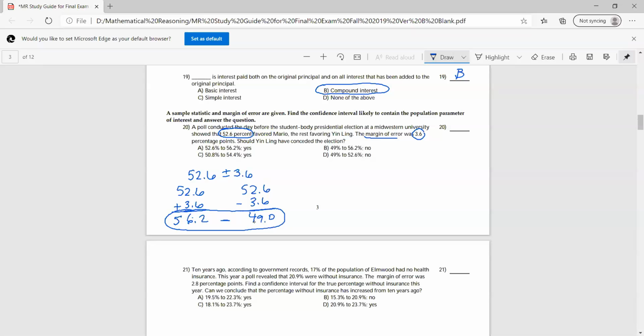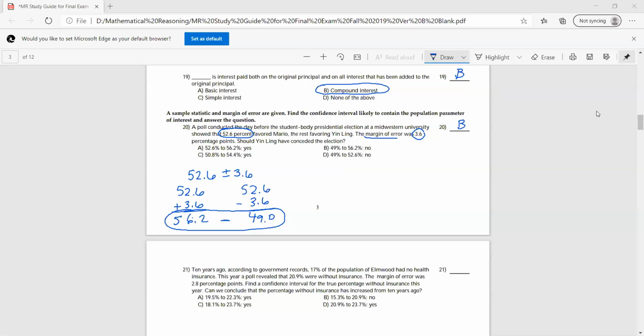So this is our confidence interval, and the right answer here is B. When we're looking at this, first off, we want to notice that to win an election, you just need to have more than 50%.